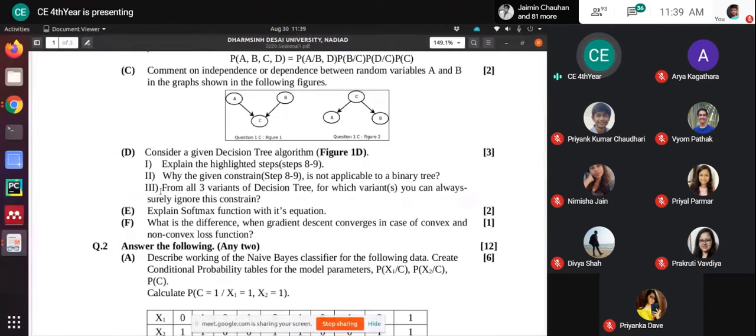I don't know why a particular student wrote ID3, but yes, it was there in some of the papers. I haven't gone through all the papers, but in whichever papers I have seen, the majority of you have written CART, though in many cases ID3 was also present. So the correct answer for this should be CART.